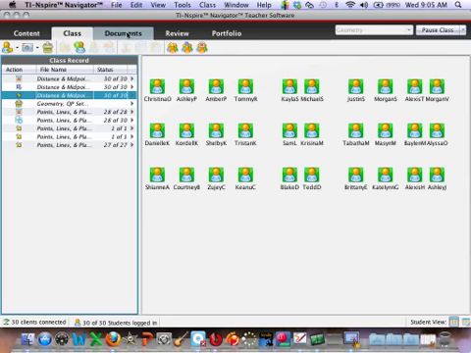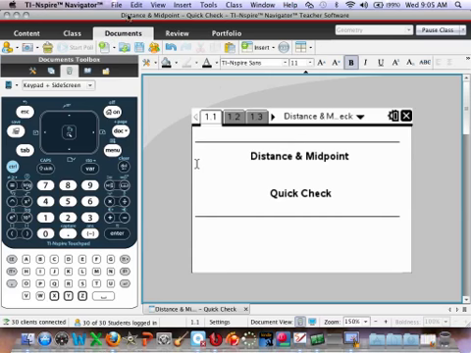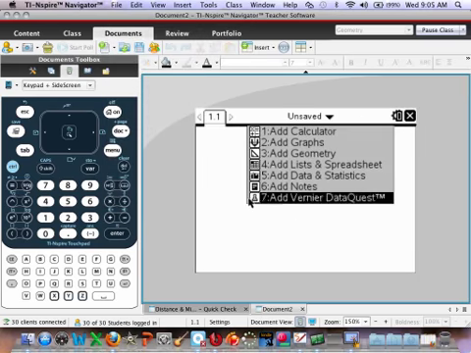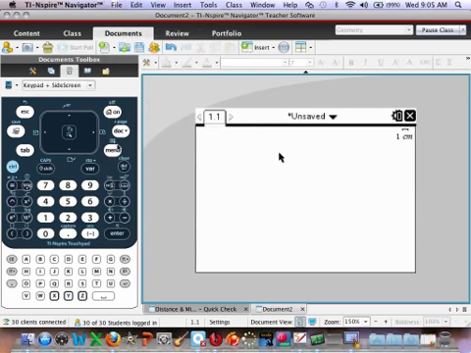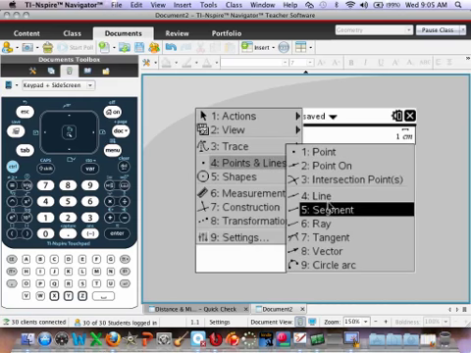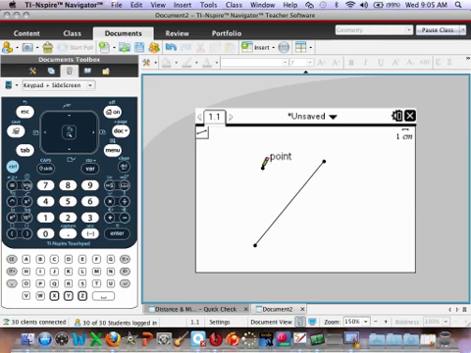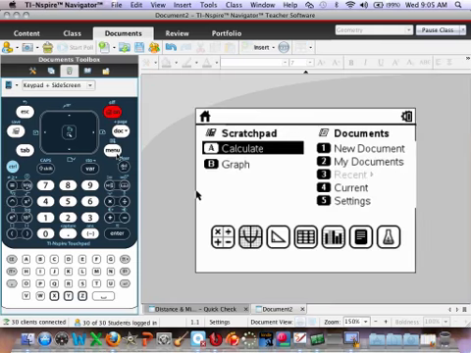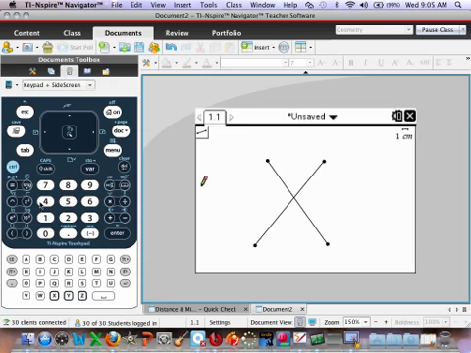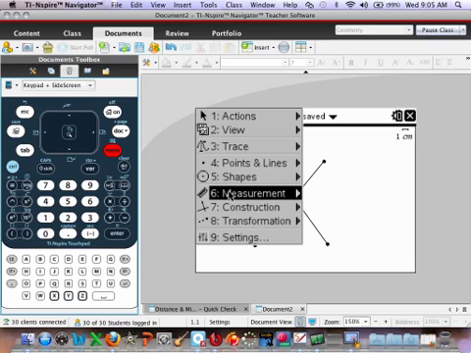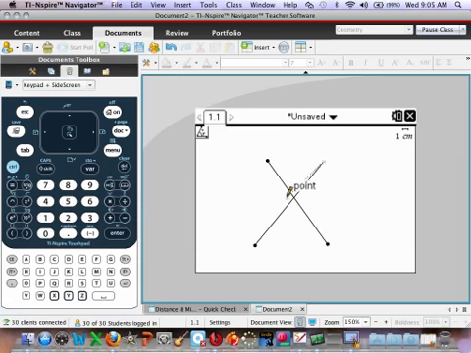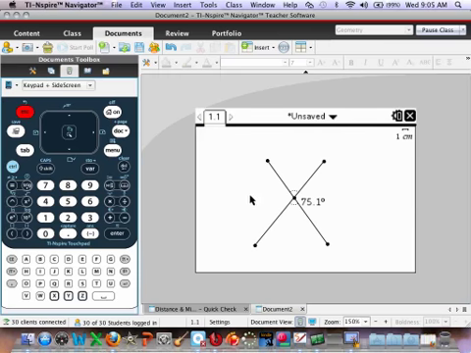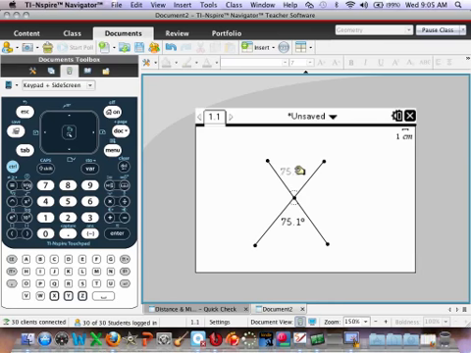In fact, what we're going to do here, let's model that for you. So again, notice that no matter how these lines intersect, what do you notice about those vertical angles?